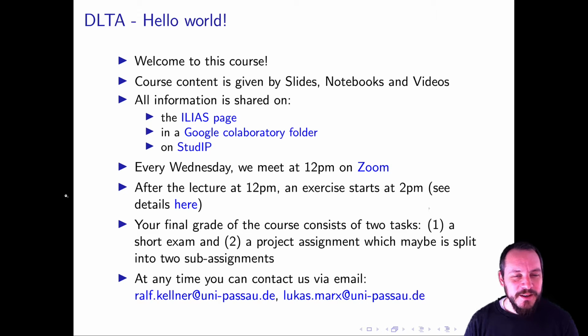Now, probably when starting with the course, the most important information for you is how you can succeed in the course and how you're going to be graded. Those of you who have already taken another course are probably familiar with this. We will have a short exam at the end of the course, basically just to make sure that you understood the basic concepts.